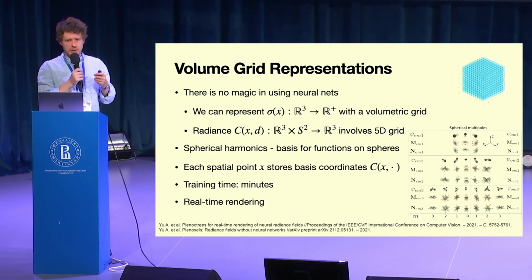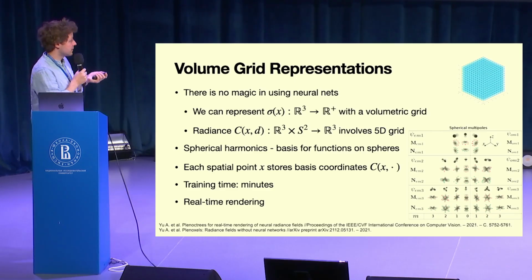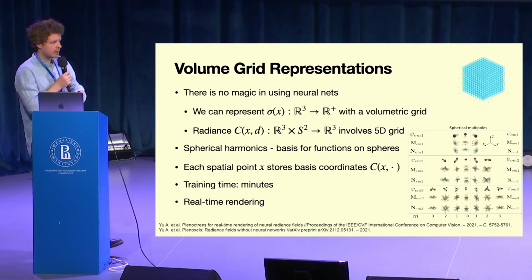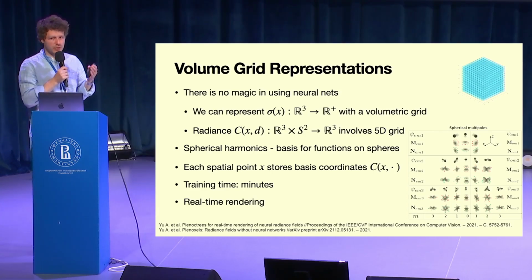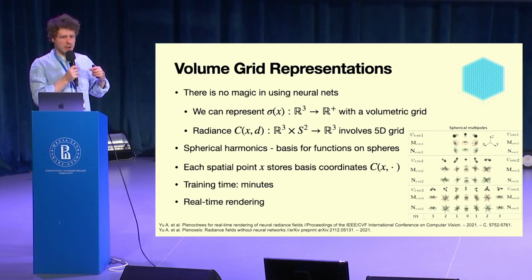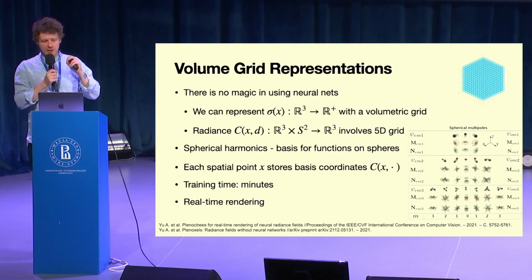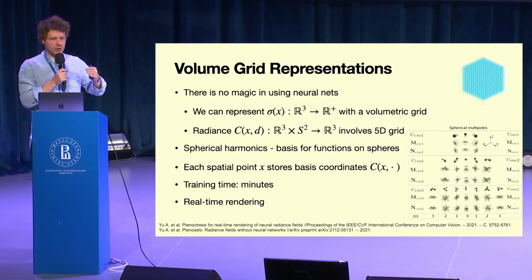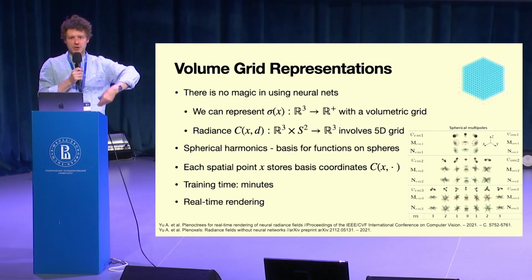So there's a basis set of functions for functions defined on a sphere, which is called spherical harmonics. So instead of storing a naive volume grid with fine granularity, we'll again resort to a three-dimensional grid. We'll store a vector of coefficients in each spatial location, and the vector of coefficients will represent basis coefficients for spherical harmonics to represent a function on a sphere.